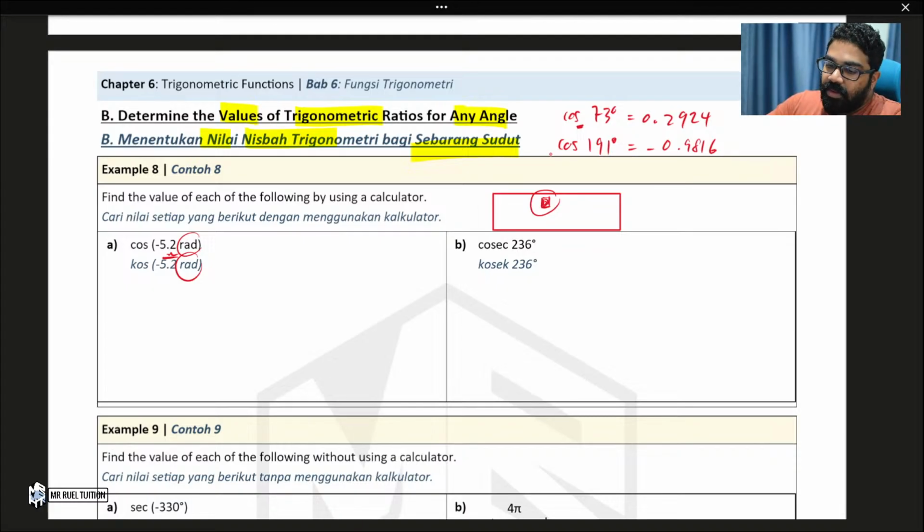So, if you want to change to radian mode, I don't recommend changing to radian mode. I'm not going to teach you that here, because let me explain why. The problem is, you change to radian mode to do this question, and then you find cos 5.2, then you forget to change back.